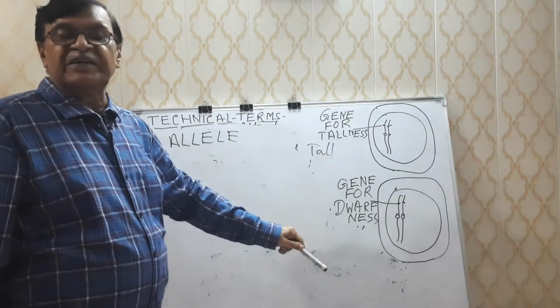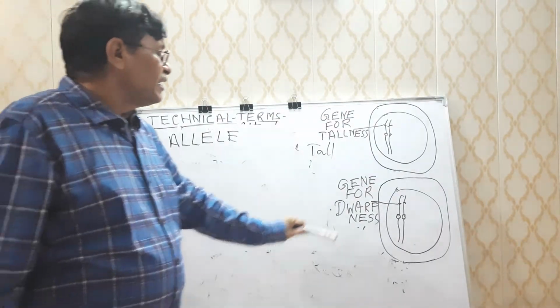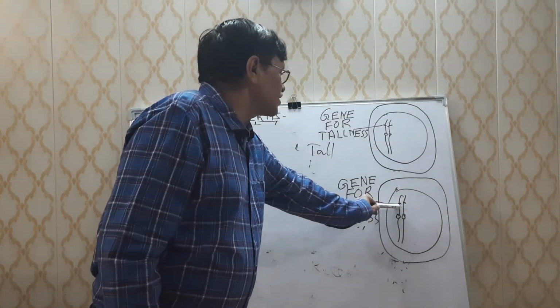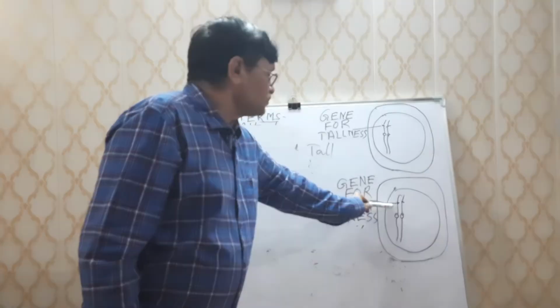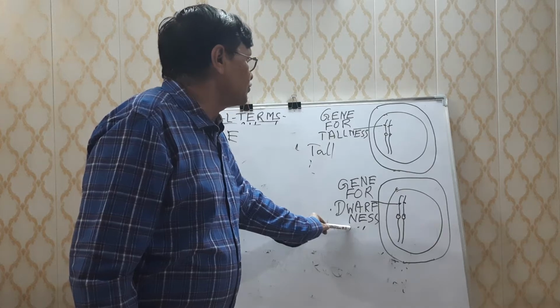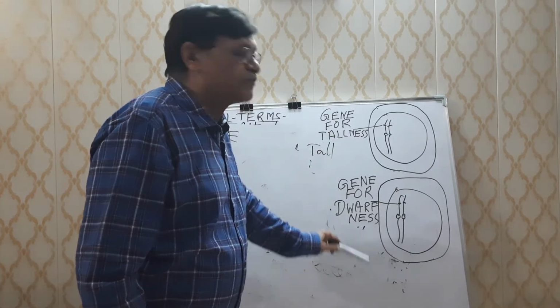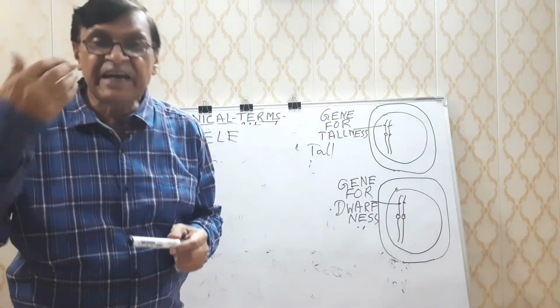In another pea plant, in a cell at the same place on that chromosome, the gene for dwarfness is found. So the gene for tallness and the gene for dwarfness will be called alleles of each other.